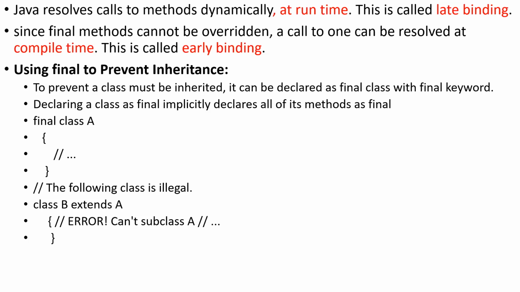For example, there are three subclasses, A, B, C. If B class method wants to be accessed at runtime, the superclass reference will first refer the B class object. After that, with that reference, if you access the method of B class, then that binding will be performed at runtime.